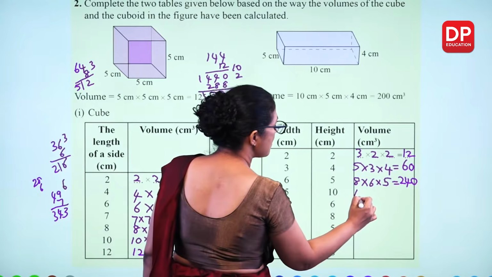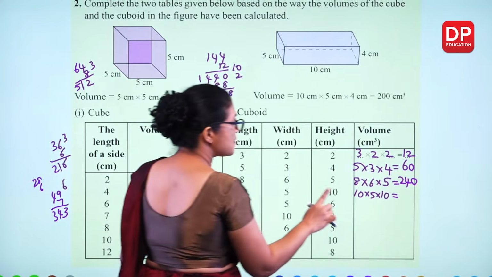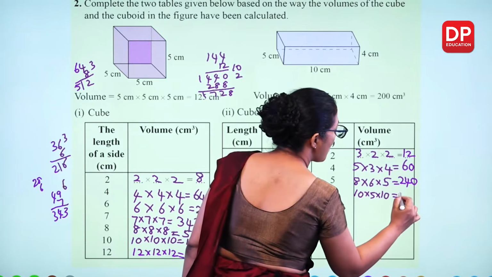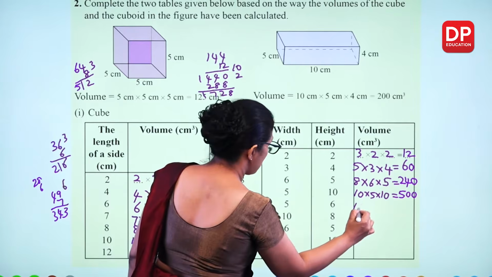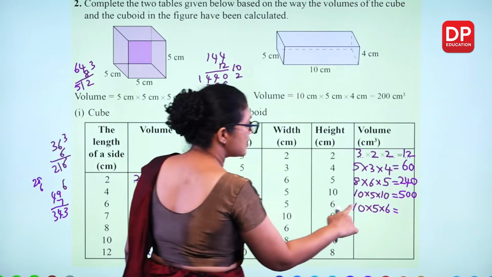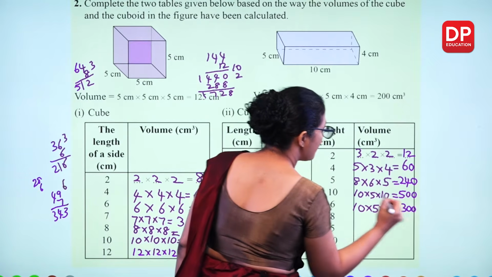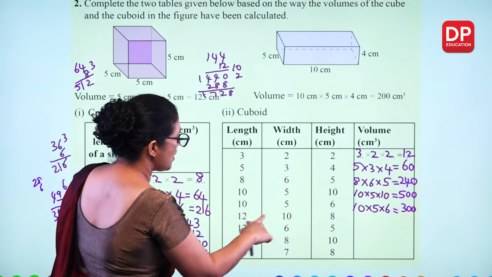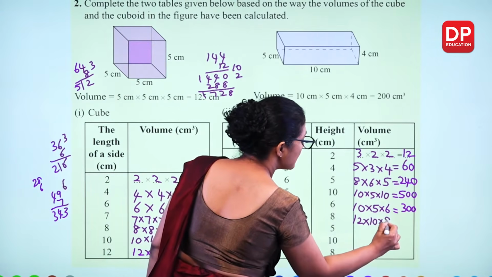10 times 5 times 10. 10 times 10, 100. 100 times 5, 500. 10 times 5 times 6, 30. 30 times 10, 300. 12 times 10 times 8.